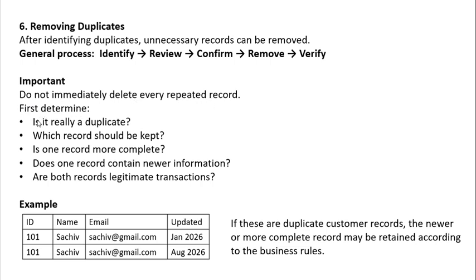First, determine whether it is really a duplicate, which record should be kept, whether one record is more complete, whether one record contains newer information, and whether both records are legitimate transactions. For example, the ID, name, and email are the same, but the update date is different: the first is January 2026 and the second is August 2026.